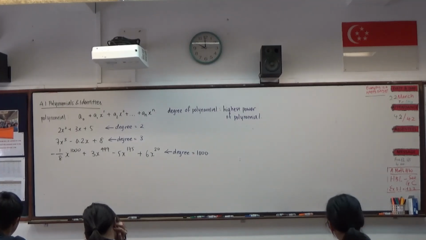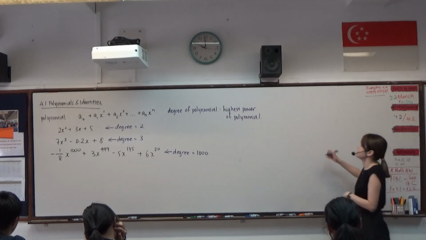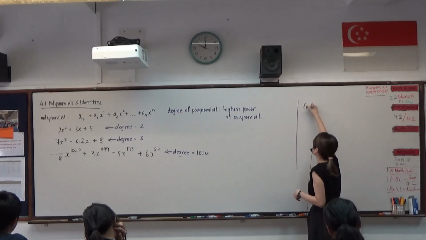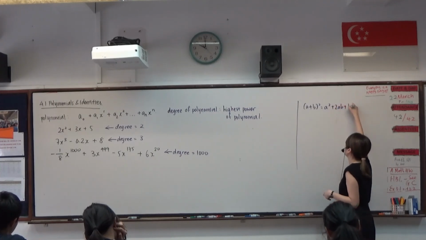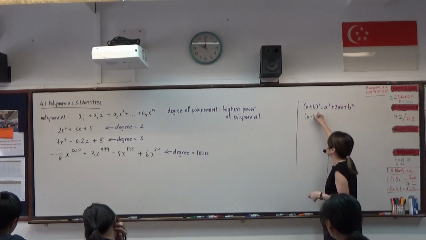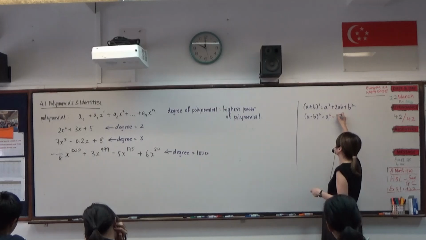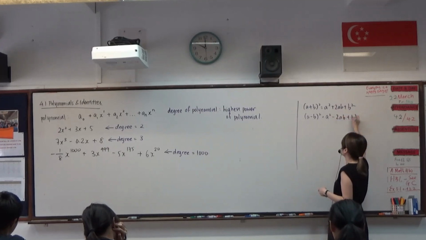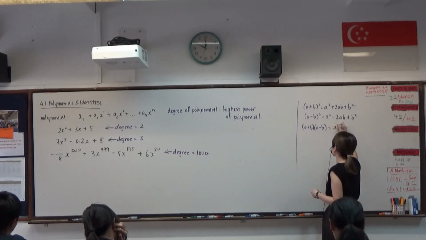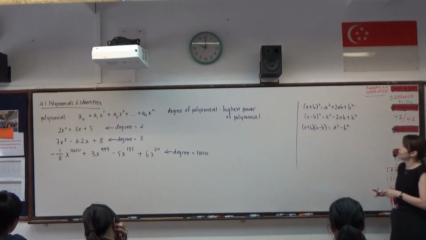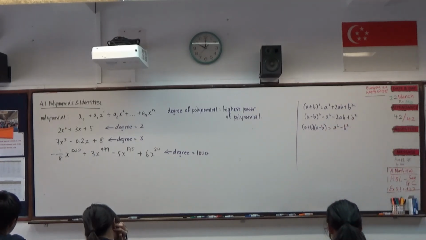Some identities that we have already learned previously in set 2. This is an identity, although maybe we call them formulas. So these are just some examples of identities.